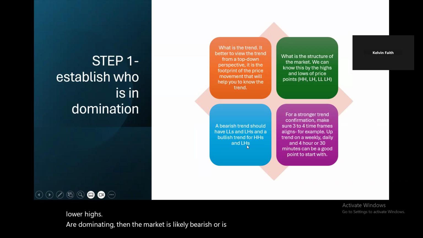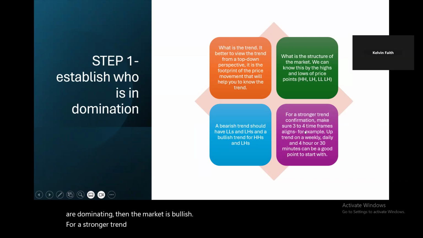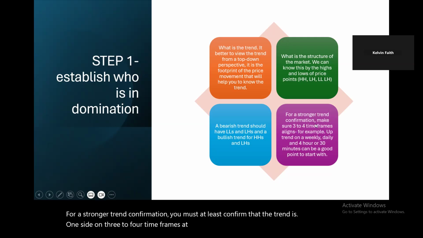If higher highs and higher lows are dominating, then the market is bullish. For a stronger trend confirmation, you must at least confirm that the trend is one side on 3 to 4 time frames. Okay, so let's start from this point.